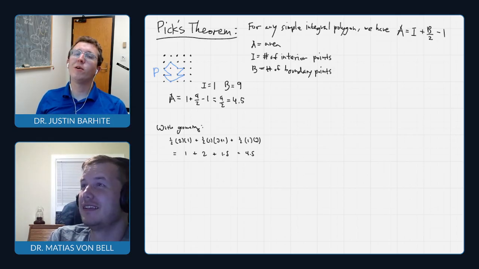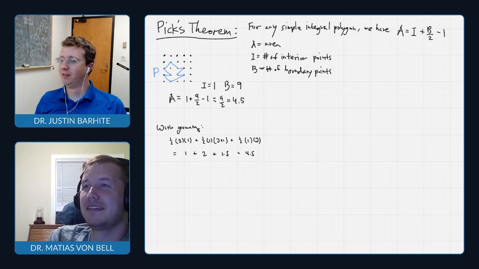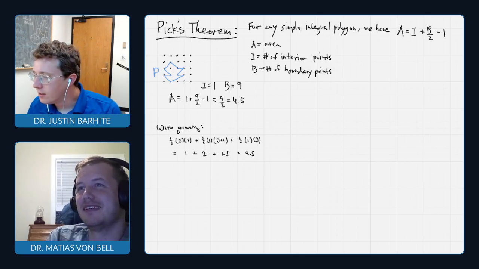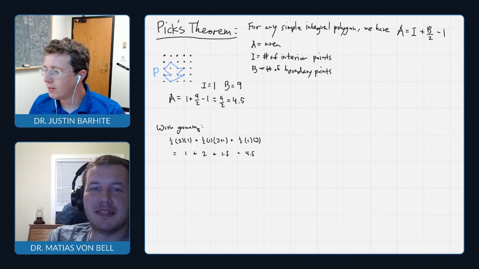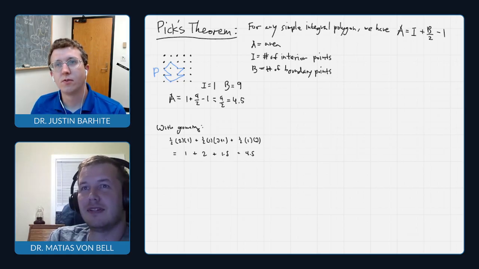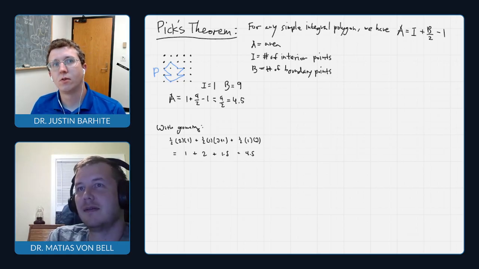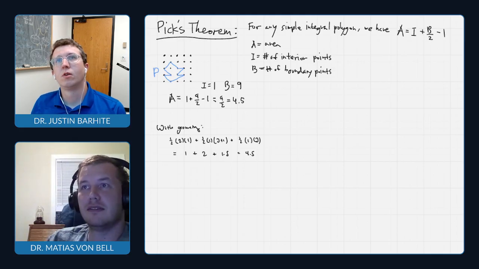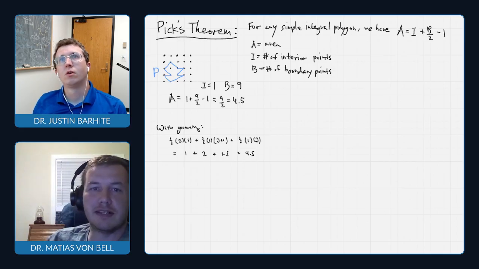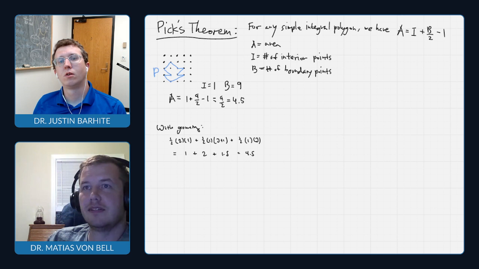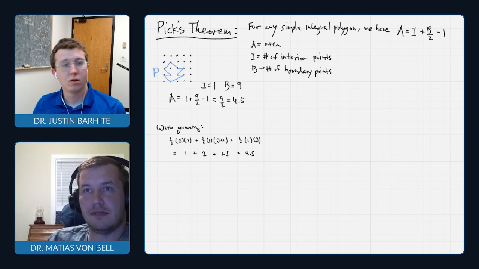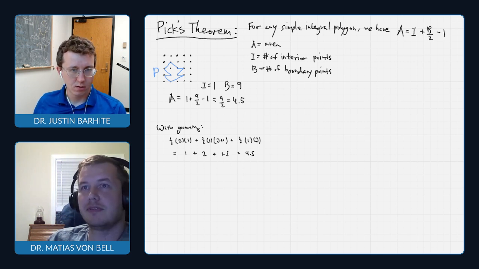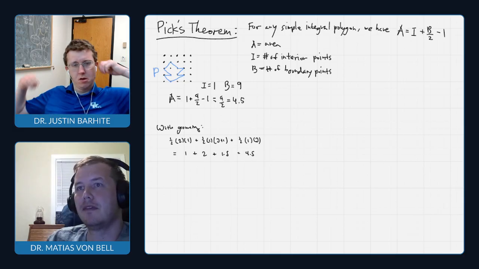You know it when you see it. Exactly, it's one of those things. But simple means that it doesn't have any holes, so you can't have like a torus, a two-dimensional torus. And integral means that the vertices are all lattice points. Yes. Okay.